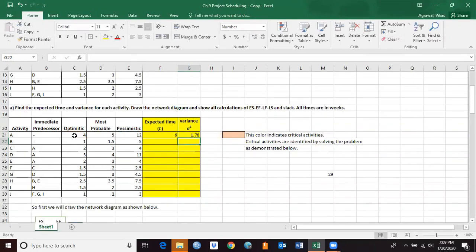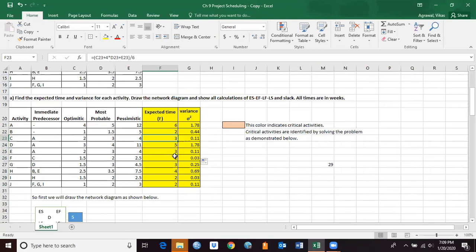That's going to be 1.78. We can simply select both of them and click this arrow here to fill up the table. It did all the calculation for expected time and variance for all the activities. So that's the first thing we need to do, to find the expected time and variance.